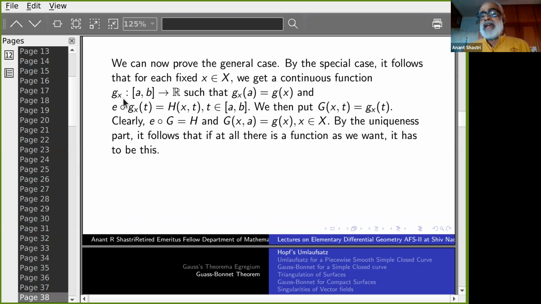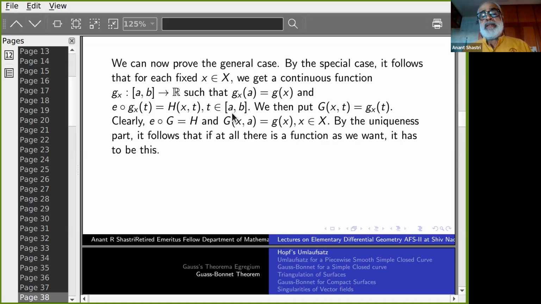I will not just write it as g because it depends upon x. g_x from AB to R, such that g_x of A is the given function, which I am free to choose, and E of g_x of t is h of (x, t) for all t inside AB.